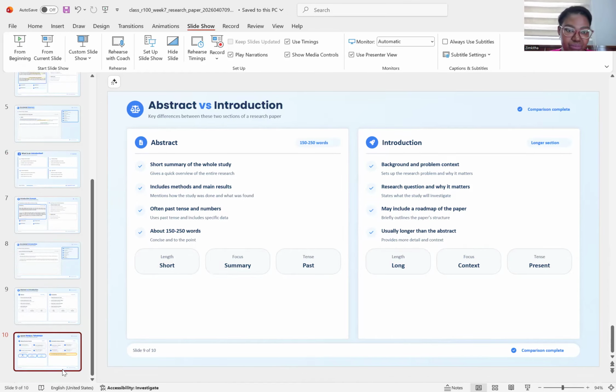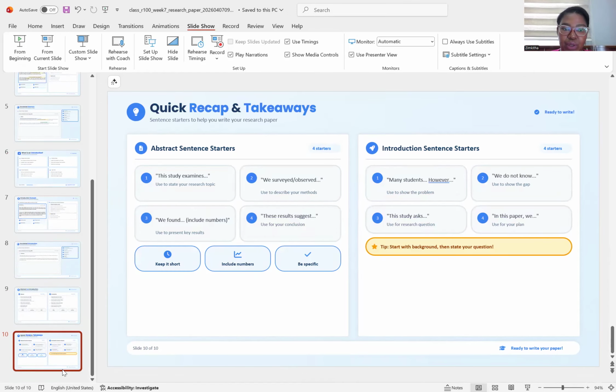Okay? All right, so let's do a quick recap. Abstract sentence starters. So this is always a good way to test yourself whether you understand something, is to look at the sentence starters. So for example, the first one says, this study examines, definitely in an abstract, not an introduction.